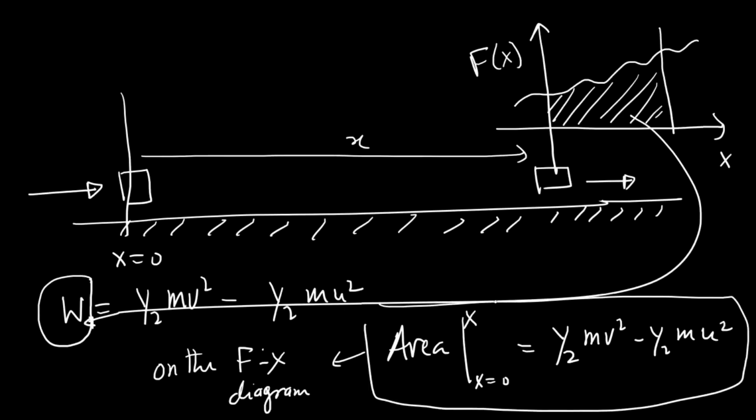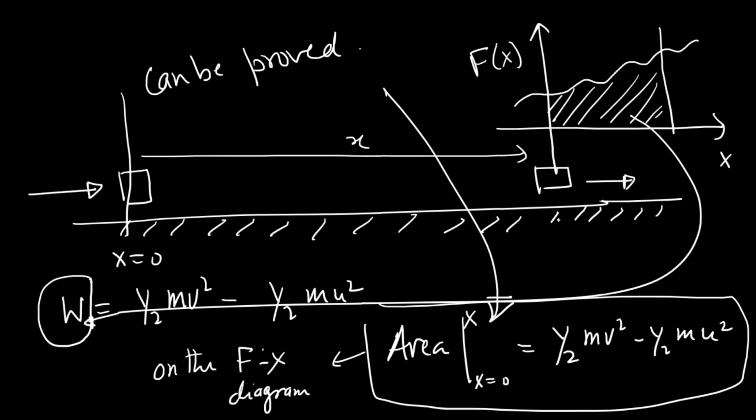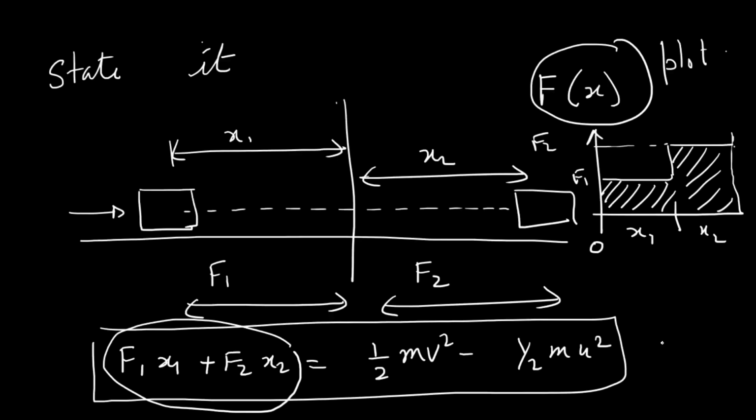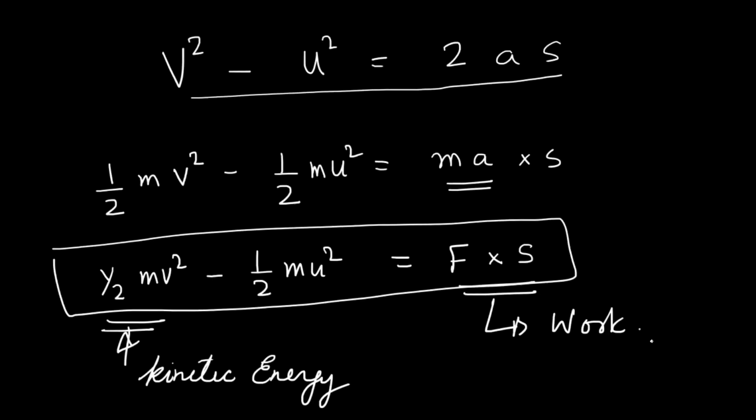I want to highlight the fact that I have not given you the proof for this, but it can be proved. What I mean is, I did give you a proof for this one, and this is fine, very easy, but we made a fundamental assumption here that a is constant, or F is equal to constant.